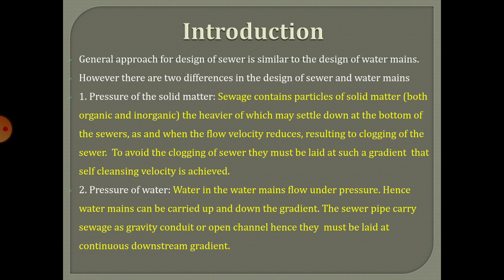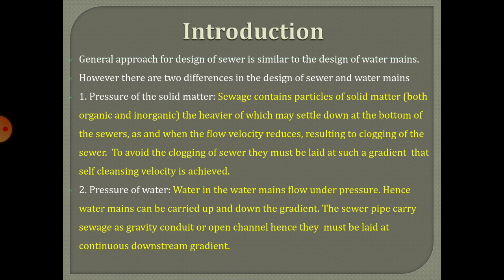While designing the water main, we don't have to consider solid matter because drinking water does not contain solid matter, whereas wastewater does. So, whenever the velocity is reduced, there are fair chances that the solids, which are heavier than the water, start settling at the bottom of the sewer, and it may result in clogging.